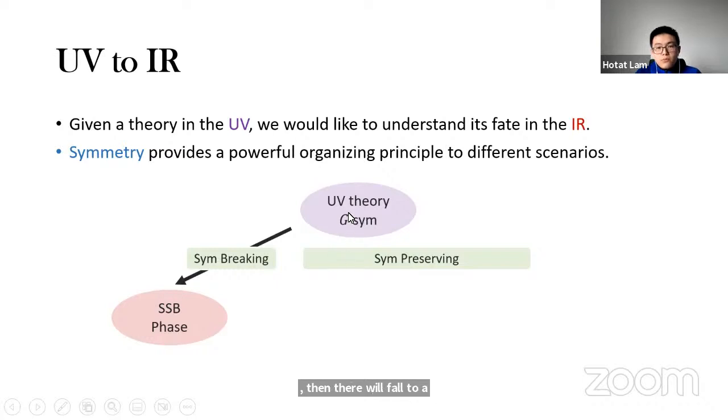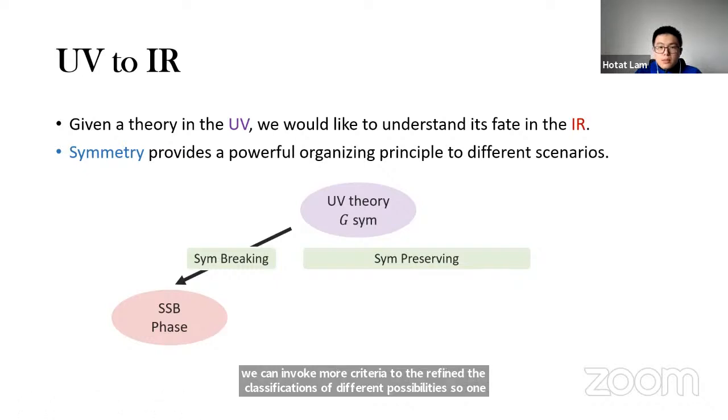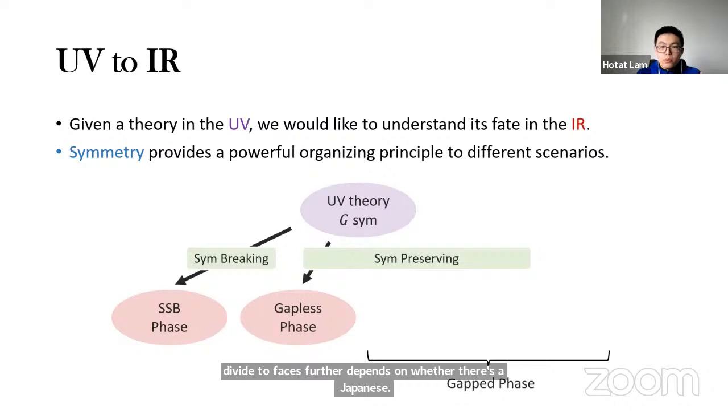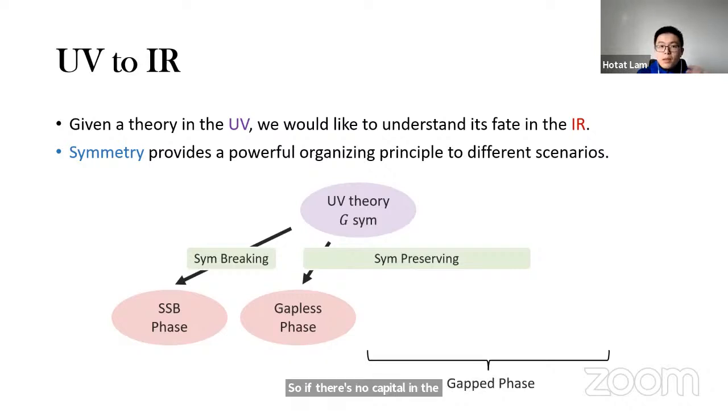If the symmetry is preserved, then we can invoke more criteria to refine the classification. One criterion that we will use in this talk is whether there's a gap in the spectrum. If there's no gap in the spectrum, then the theory will flow to a symmetry-preserving gapless phase, and most likely it will be a CFT. Sometimes it can be some other theories, for example Lifshitz theories and things like that.